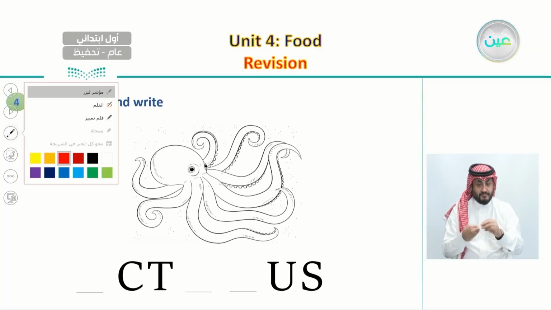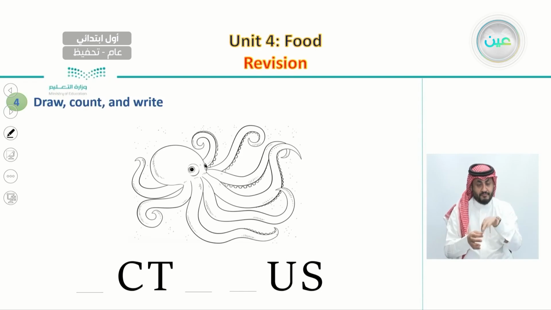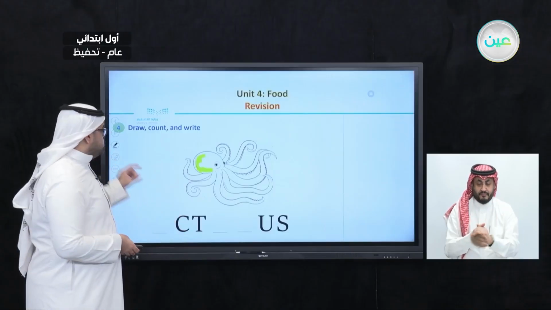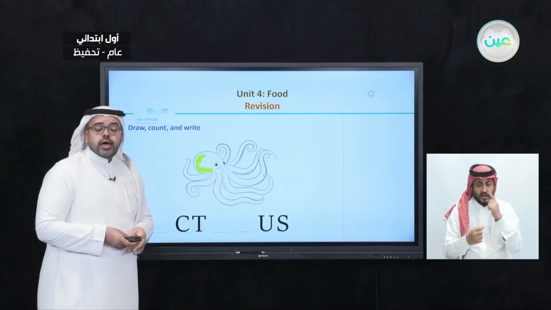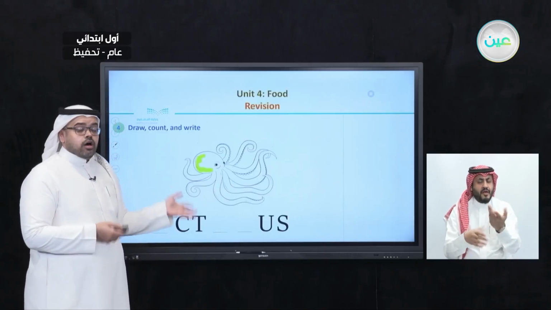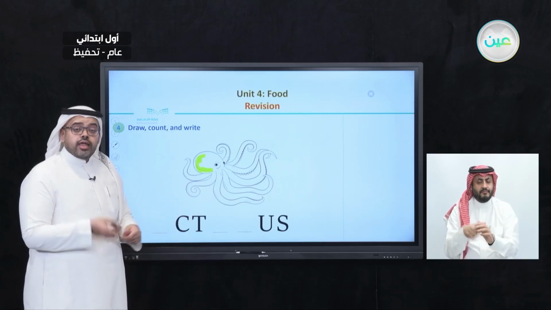So I suggest that each one will choose a certain color and try to color this drawing. And after you do this, now it is time to count how many arms the octopus has.